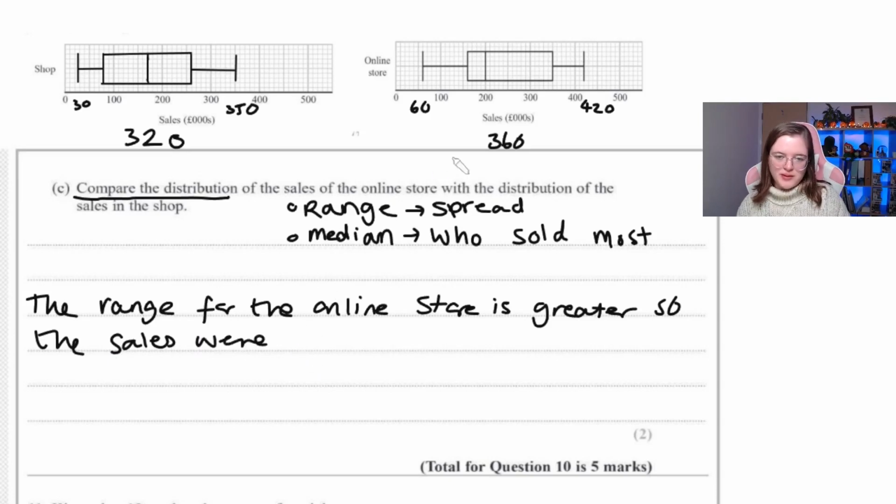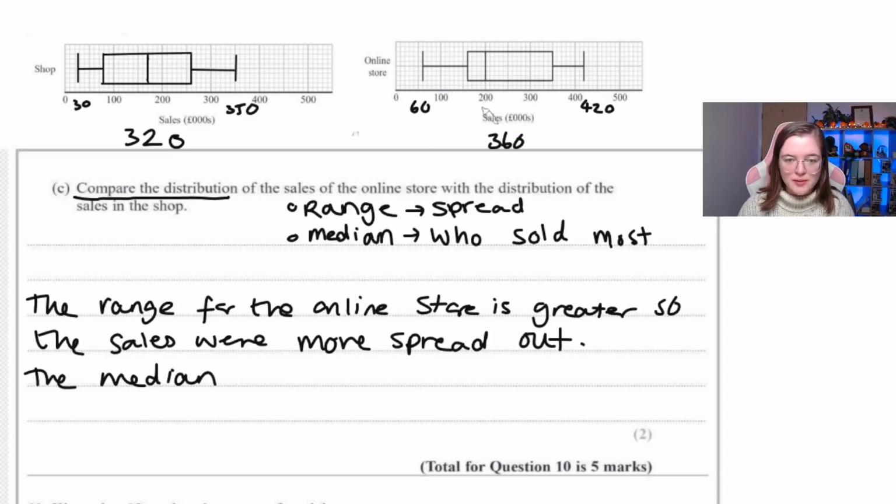The one that's higher, with higher range, has the most spread out data. And then the median, whoever sold most.